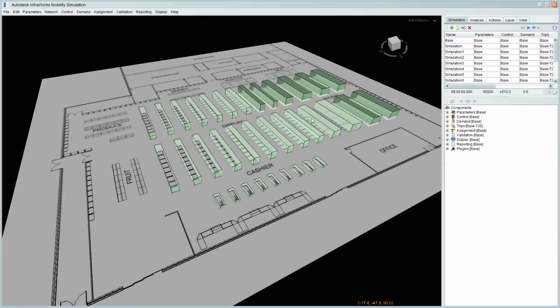We also have the lanes set up so that people will walk through lanes in between the cases slower than when they're walking around the outside, to simulate people looking at items on the shelves. Okay, so let's run the simulation and see what happens.